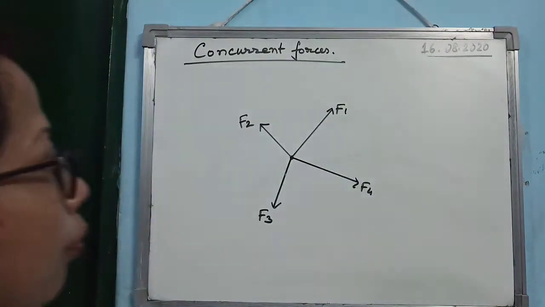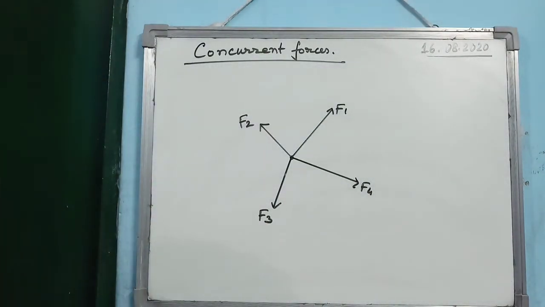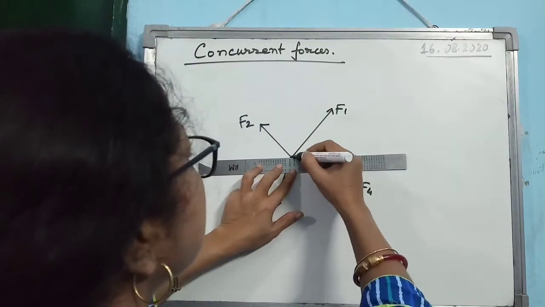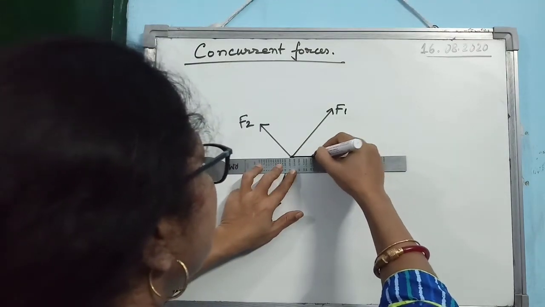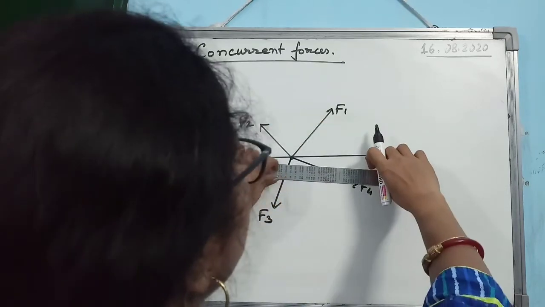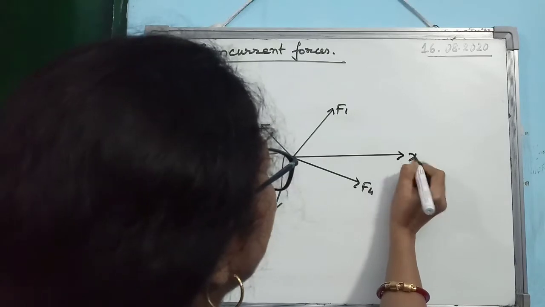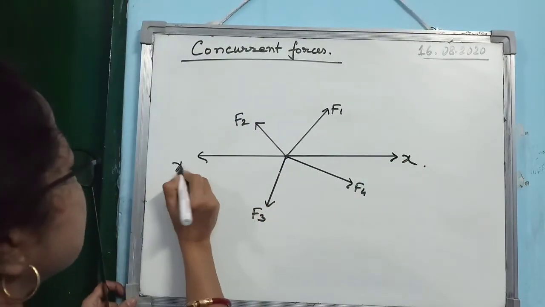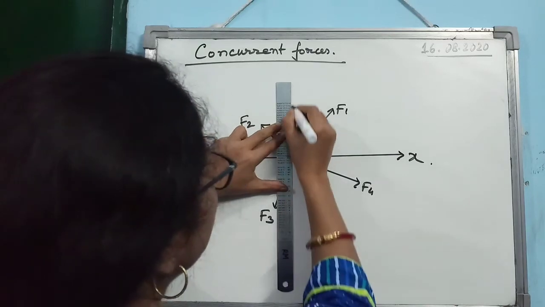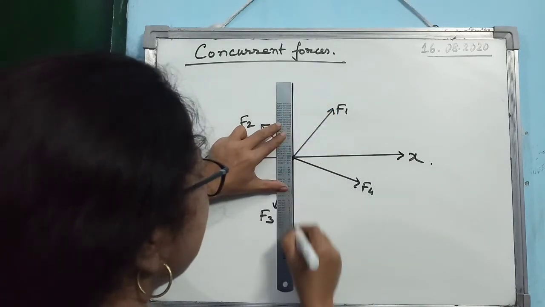So when concurrent forces come, then how to find out the resultant of all these forces? Then we apply the concept of component of forces. Means we just break the forces, you just consider the coordinate system x and y.